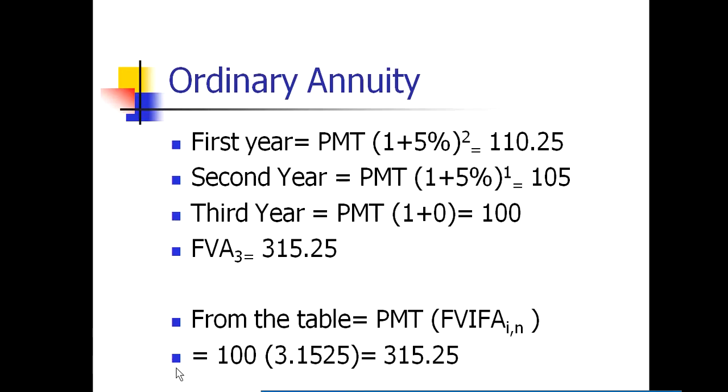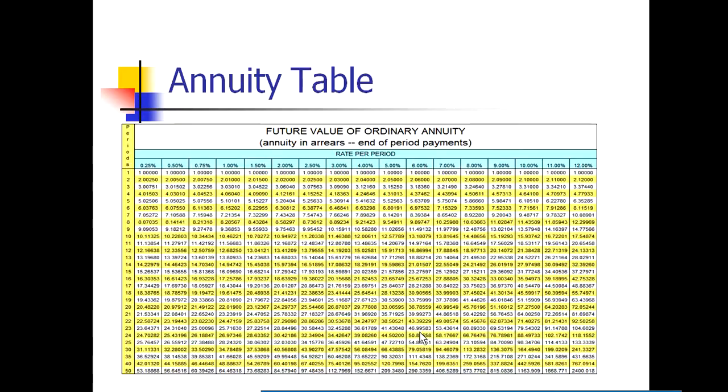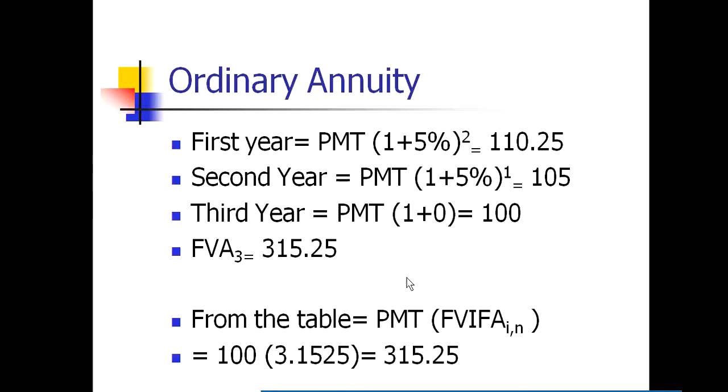315.25. And we have another method of calculating the future value for an ordinary annuity, which can be done using the table. Through using the table, we have to multiply the payment, which is 100, by the future value interest factor annuity, for i, the rate of interest, and for n, the number of years.